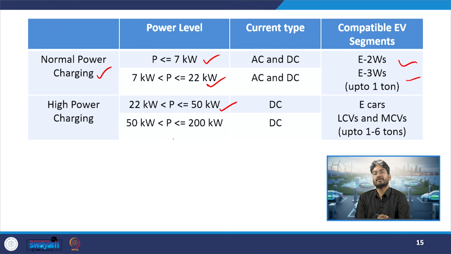This will always be restricted to DC, because we cannot have a high power converter on board, as the space occupied by the converter will be higher. So high power chargers will always be off board, located outside the vehicle, whereas low power chargers can be present on board, mounted on the vehicle, because the size and volume of low power converters will be less.